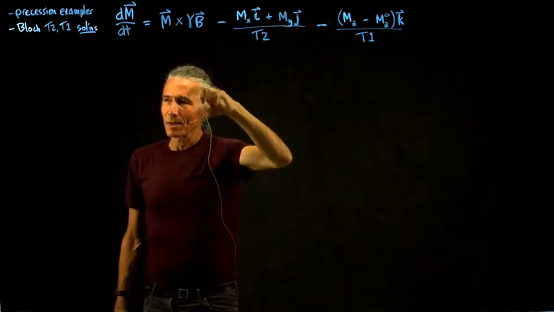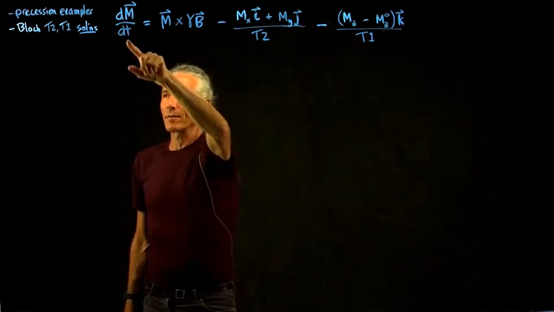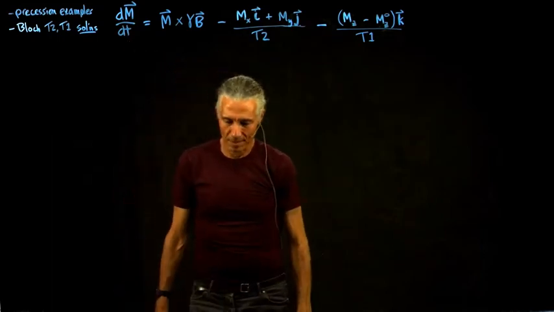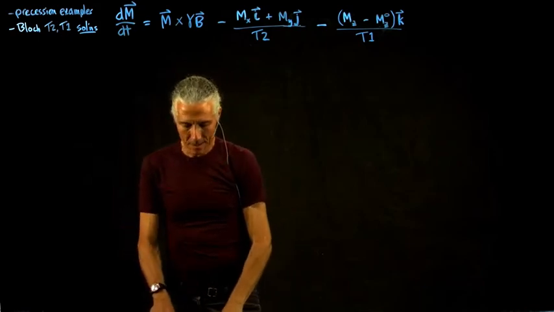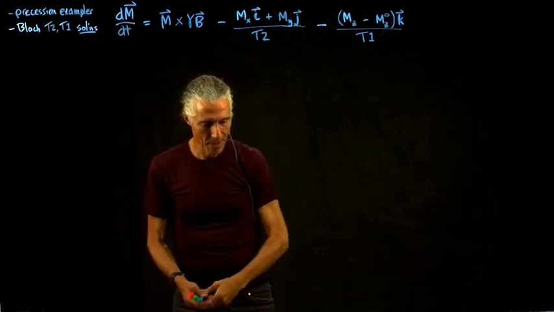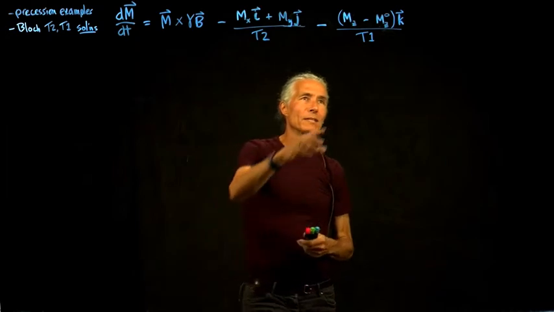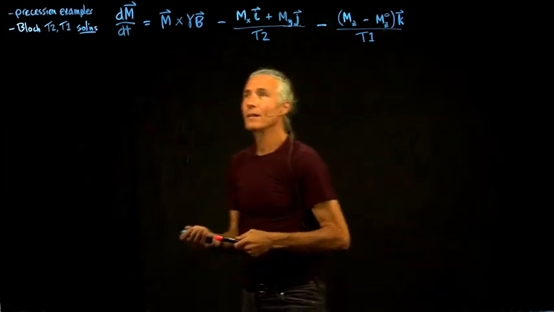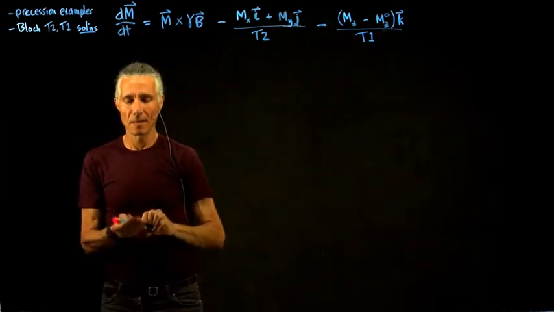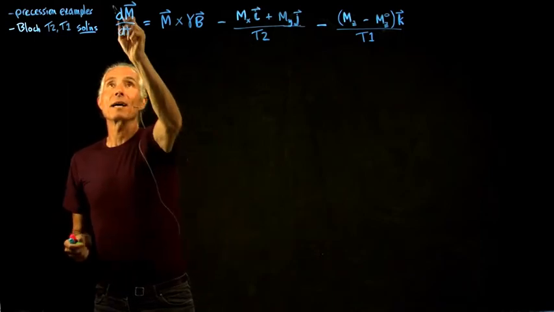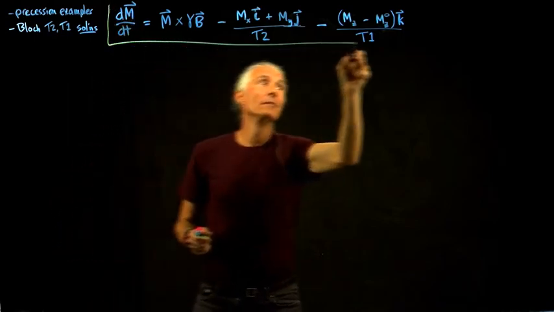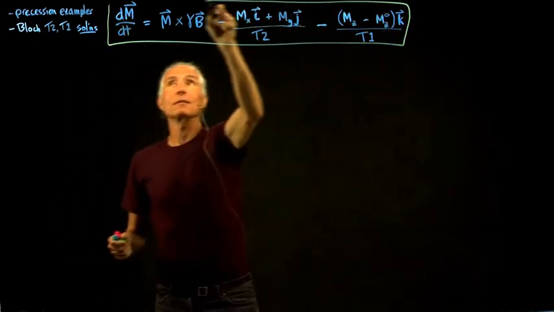All three vectors are added up to generate the output vector. So that's the full Bloch equation.